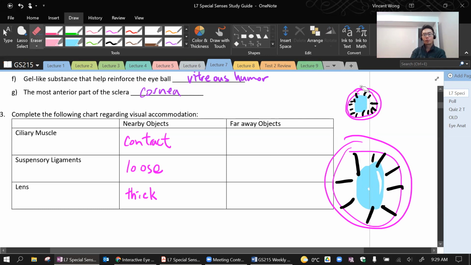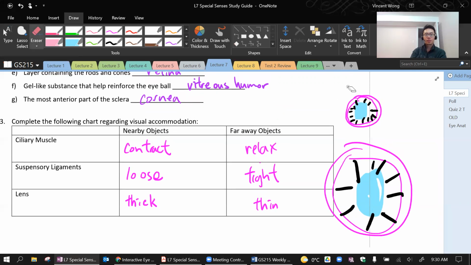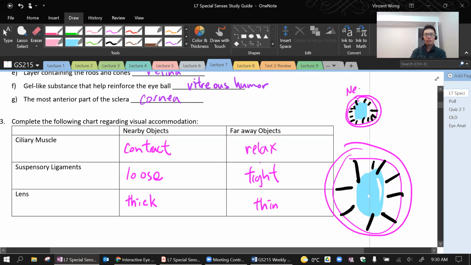So when the ring contracts, gets smaller, ligaments are loose, and the lens will be thick. Opposite, you want it to relax, so it gets bigger. And then the ligaments will get tight, which will then pull on the lens on all sides, making it thinner. So this is when you want to do nearby reading a book. This is far away.